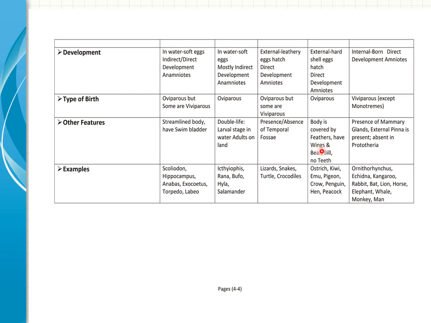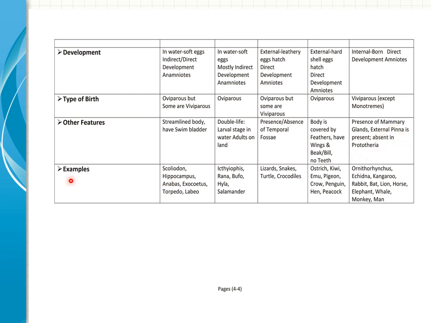Birds have their forelimbs modified as wings, and their jaws modified as a beak or bill, and they don't have teeth on their jaws. Next, the presence of mammary glands. The presence of an external ear, that is the pinna, is an important feature of class Mammalia, but this external ear is absent in prototherians.